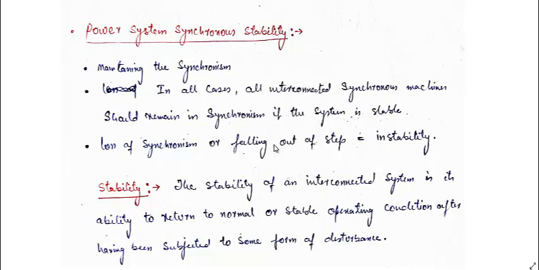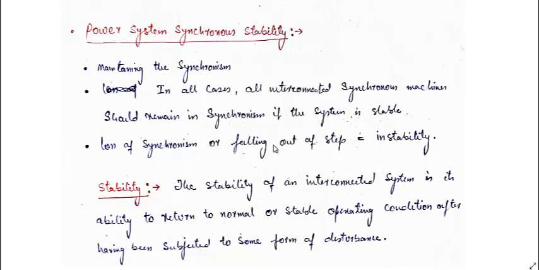When the disturbance occurs on the system and it comes back to its normal state or another stable operating condition, that means after the disturbance is over it is running at synchronous speed, we say that the system is stable.